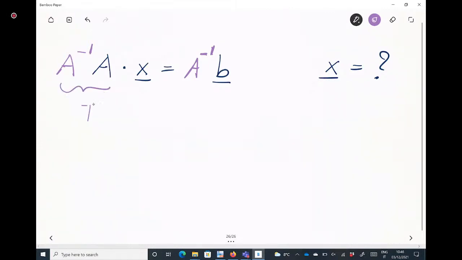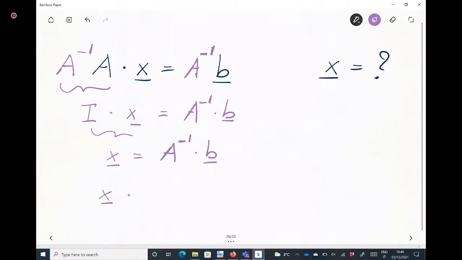This becomes the identity matrix times X equal to A minus 1 times B. But the identity matrix times X is just X. So we have the solution as the product of A minus 1 times B. Okay? Let us see if it works for our example.